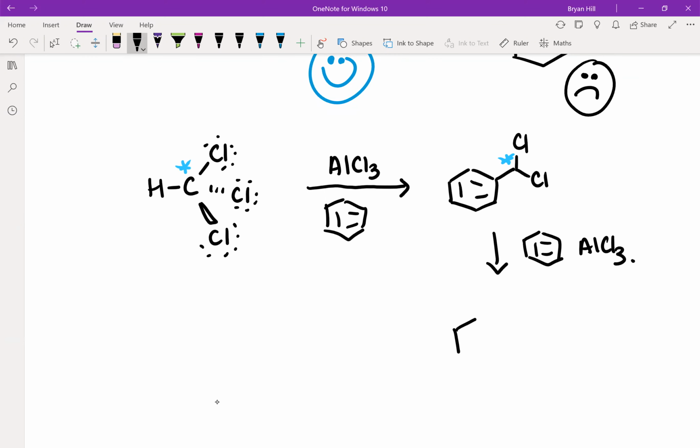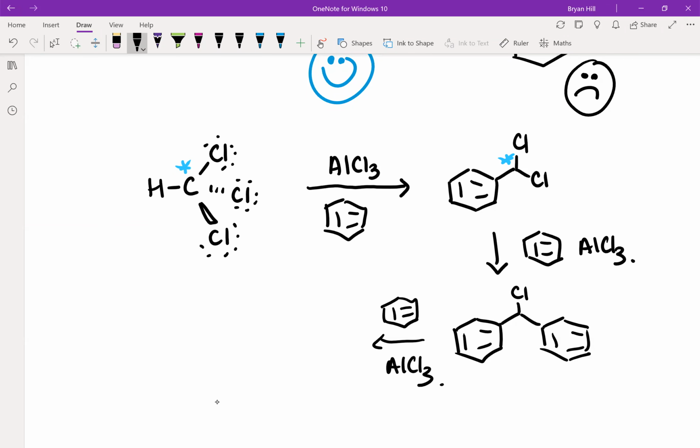And this will make this. Then this can undergo a third with benzene, AlCl3. And you've made this compound which has the 3 aromatic rings all bonded together.